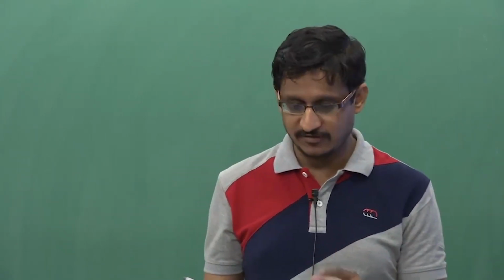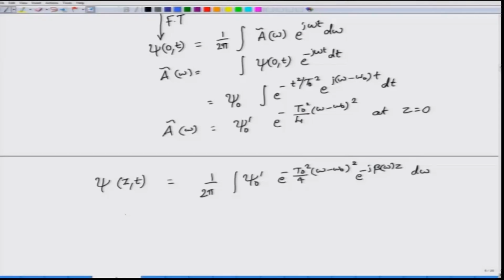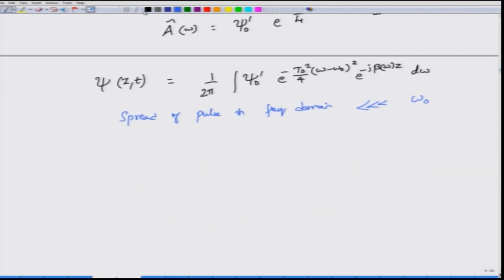What I know is that the spread of the spectrum, that is the spread of the pulse in frequency domain, the frequency domain bandwidth, as if you would say, is much smaller than the carrier frequency omega 0. Because this is smaller, I can approximate this beta around the carrier frequency.